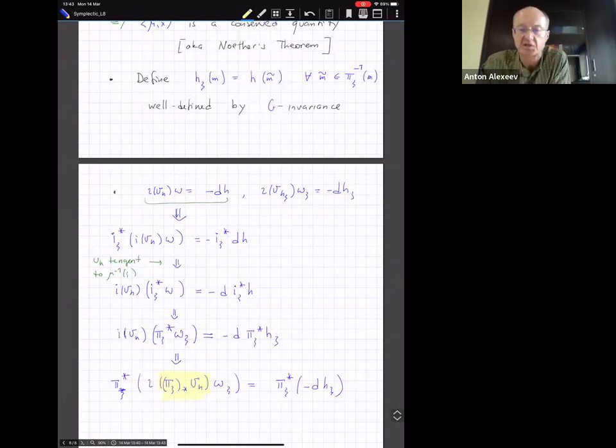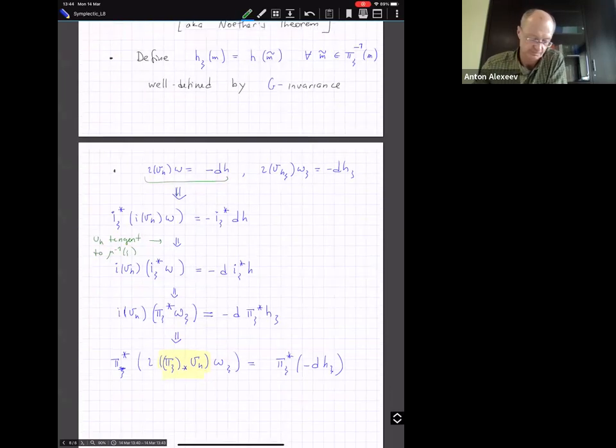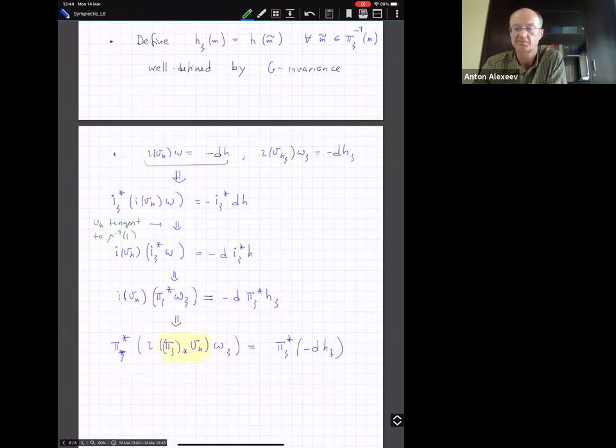I'm saying that I can exchange. I was taking a pullback of omega psi and contracting with a vector field, and I'm saying that instead I want to contract downstairs with the push forward of that vector. So what is your expert opinion? Do I have a right to do it? No opinion?